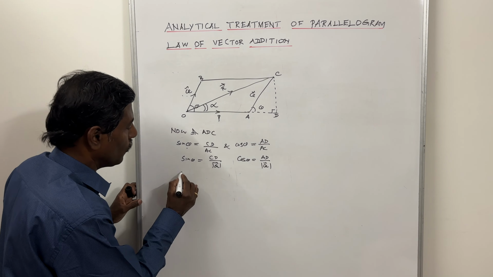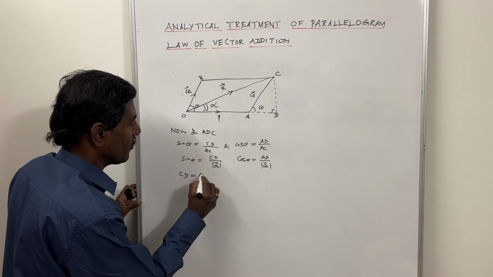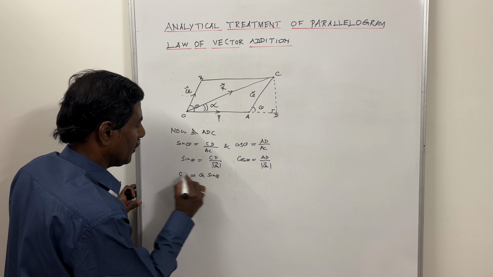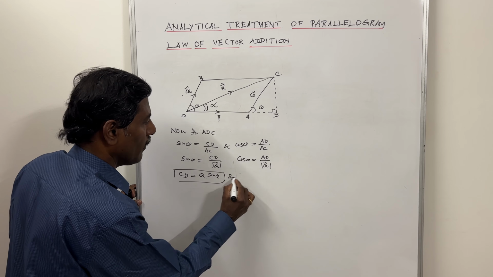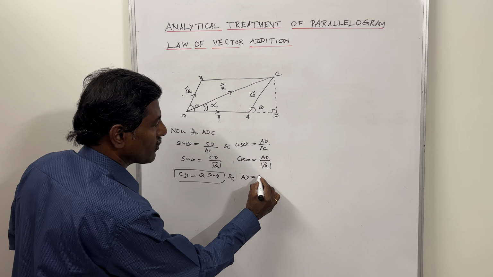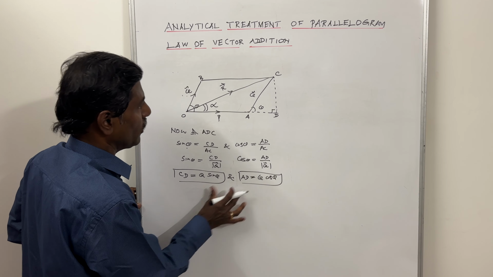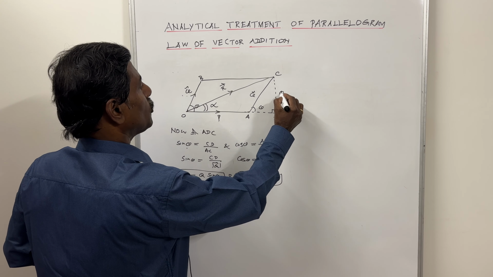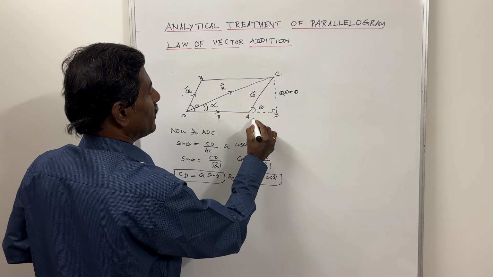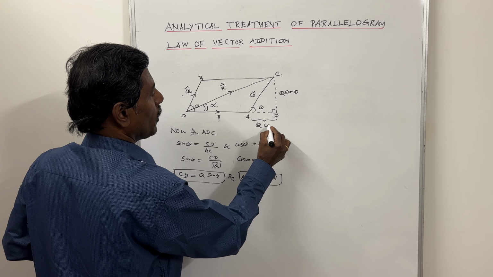Now CD can be written as Q sin theta and AD can be written as Q cos theta. Now I point this out in the diagram. Here this is Q sin theta and this part is Q cos theta.